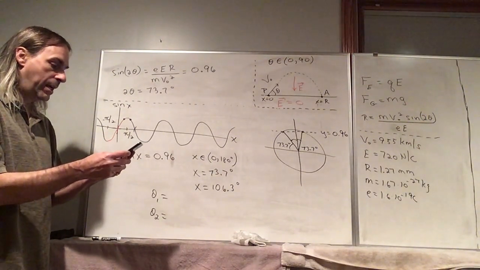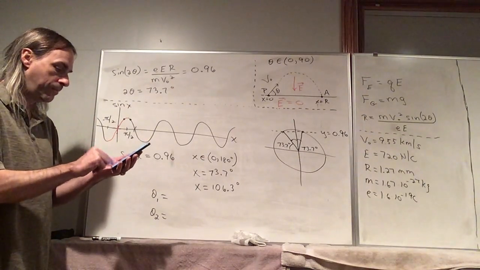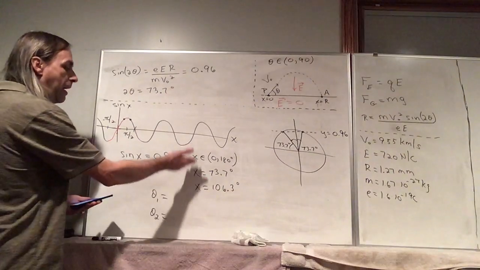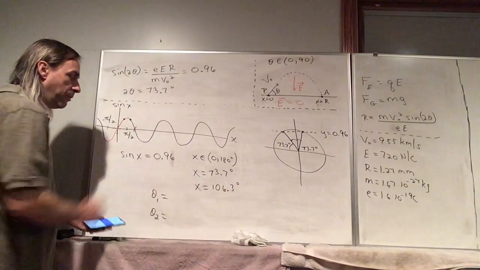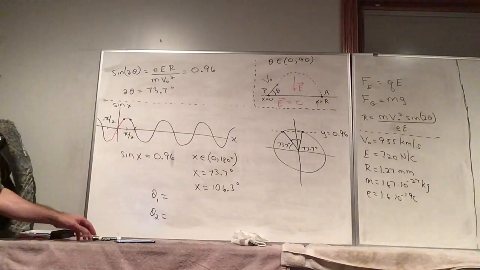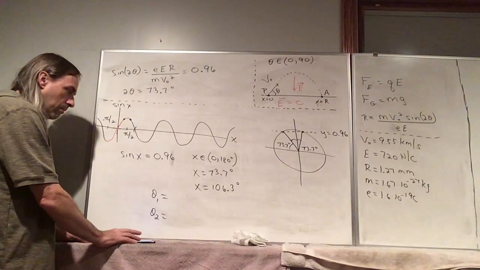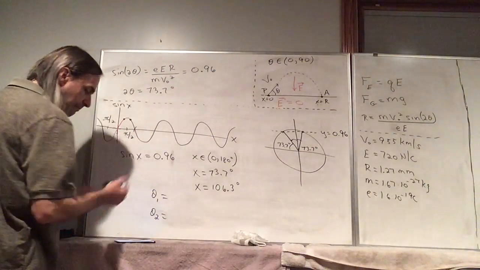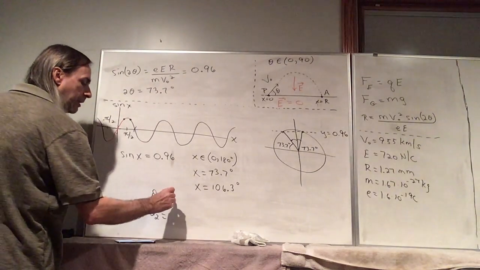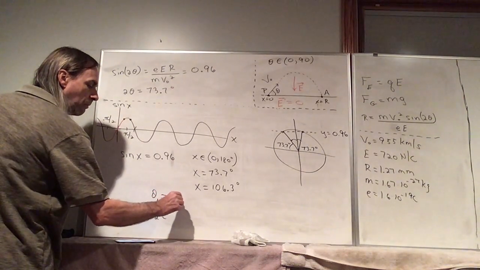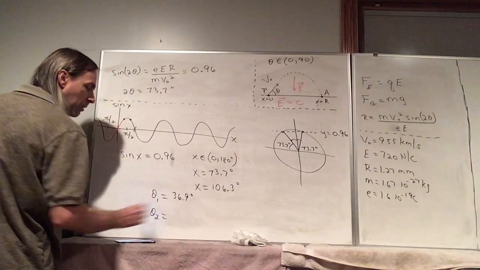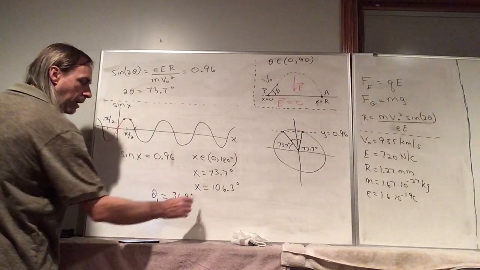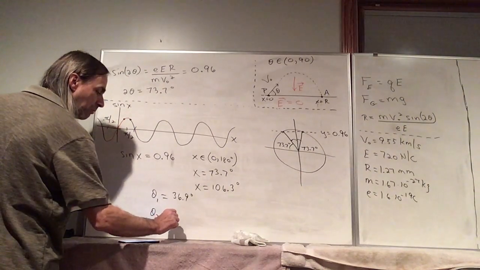Now let's try sine of 106.3, and I'm getting the exact same thing. So yeah, these are two solutions to this equation. And so if we divide those by 2, we're getting 36.9 degrees. And the other one, well, that would be 53.2.